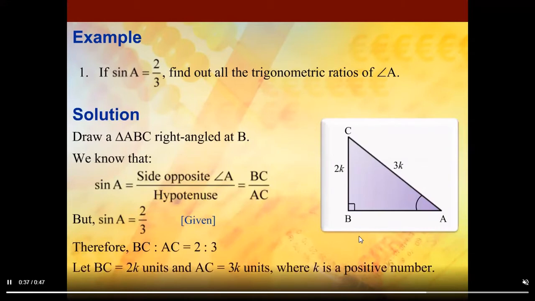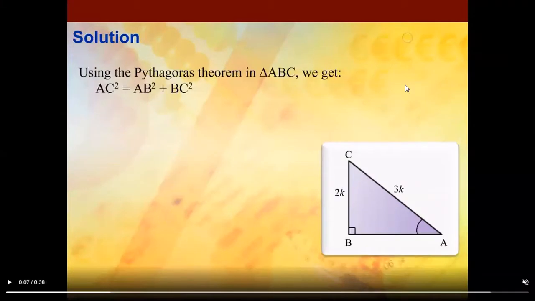So let BC be equal to 2K units and AC equal to 3K units, where K is a positive number, as BC is denoted with 2 and AC with 3, which is given in the problem. Using the Pythagoras theorem in triangle ABC, AC square is equal to AB square plus BC square.